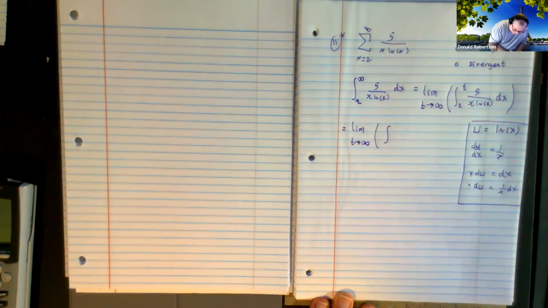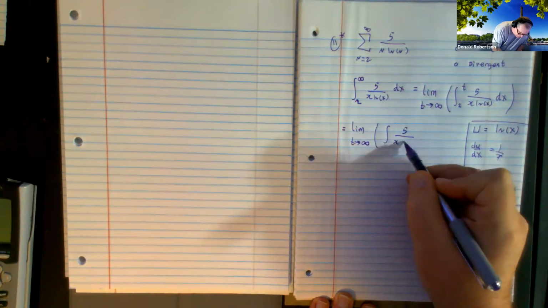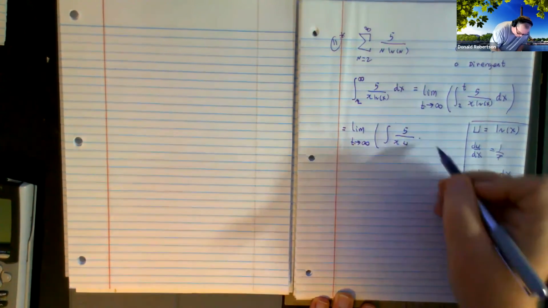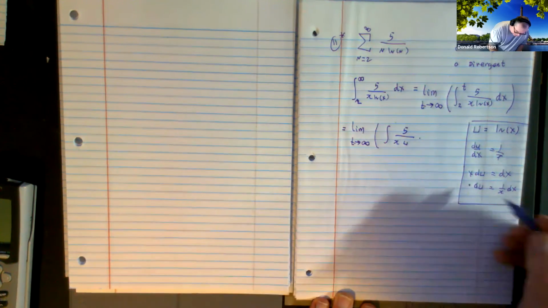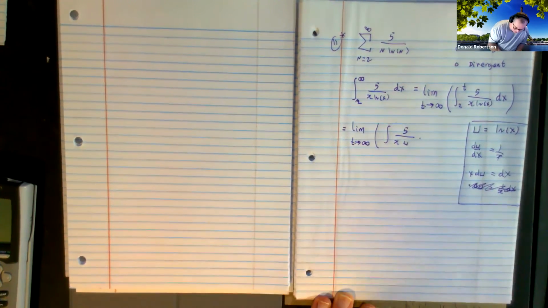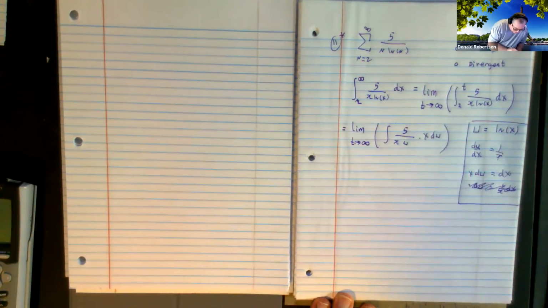Don't put the limits of integration in, it's a bad idea. 5 x u times... What am I doing here? Nobody caught me out. Haven't I already isolated the dx? So I can just replace the dx with x du. It's just the way the cross multiplication happened, did it? I got distracted.